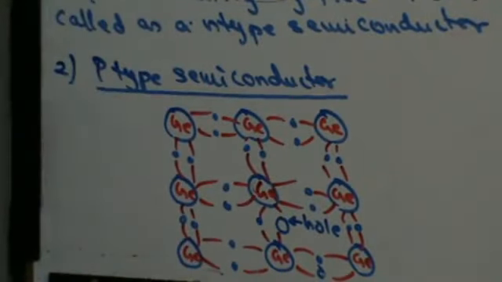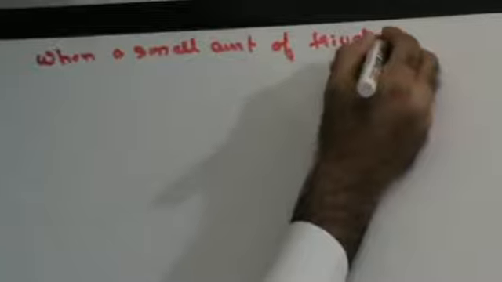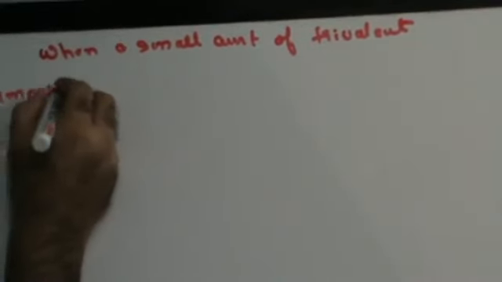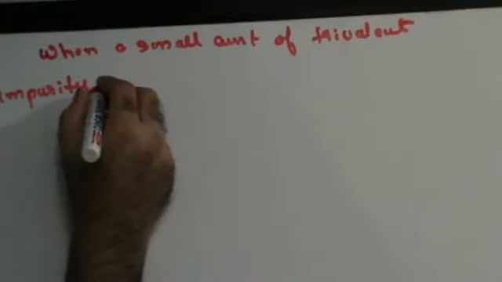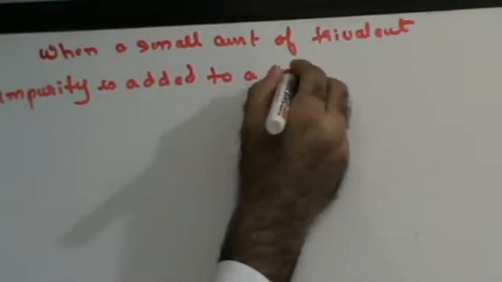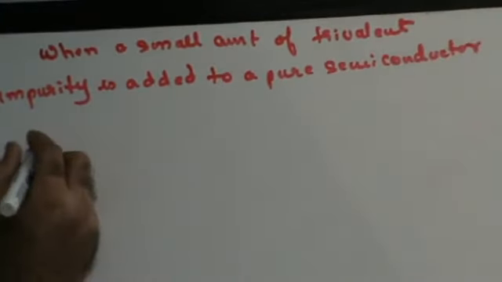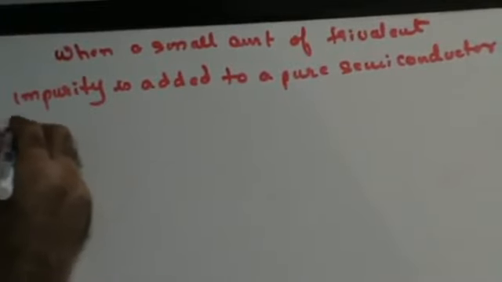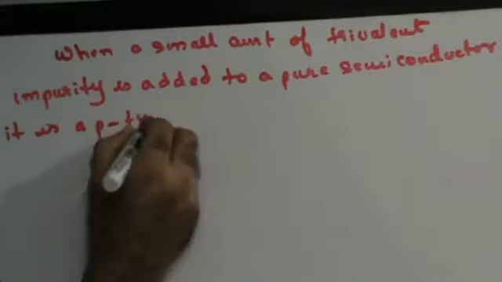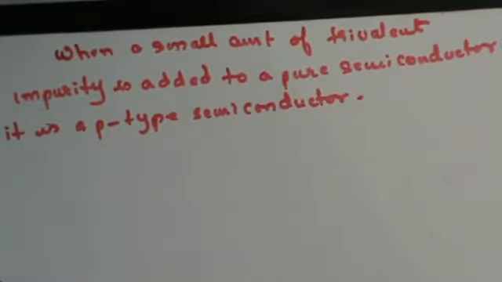So let's consider a p-type semiconductor: when a small amount of trivalent impurity is added to a pure semiconductor, it is a p-type semiconductor. Fine, do we get this in here?